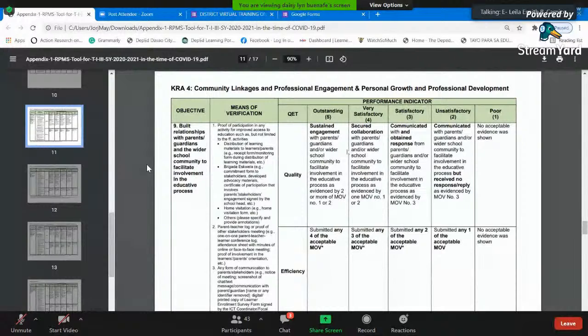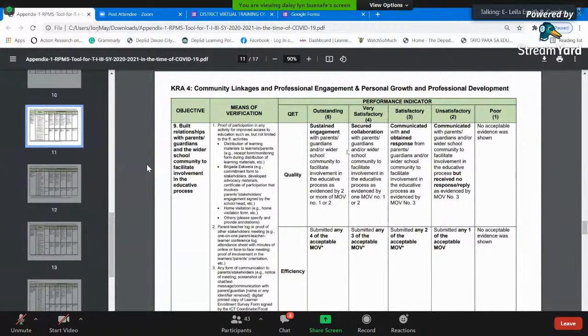Okay, quality, 5 imong score kung sustained engagement with parents, guardian, and or wider school community to facilitate involvement in the educative process as evidenced by 2 or more of MOV number 1 or 2.